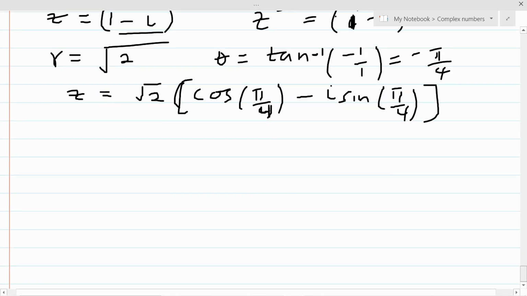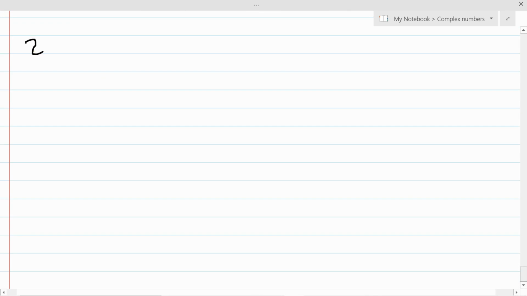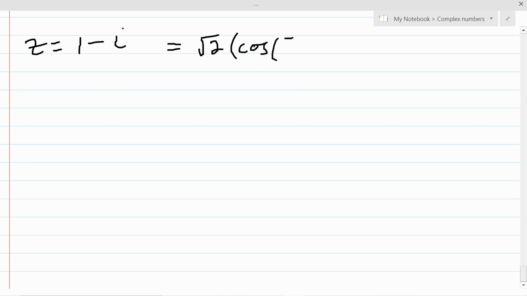We said that our z was equal to 1 minus i, and now this is the same as square root of 2 into cos of pi on 4 minus i sine of pi on 4.